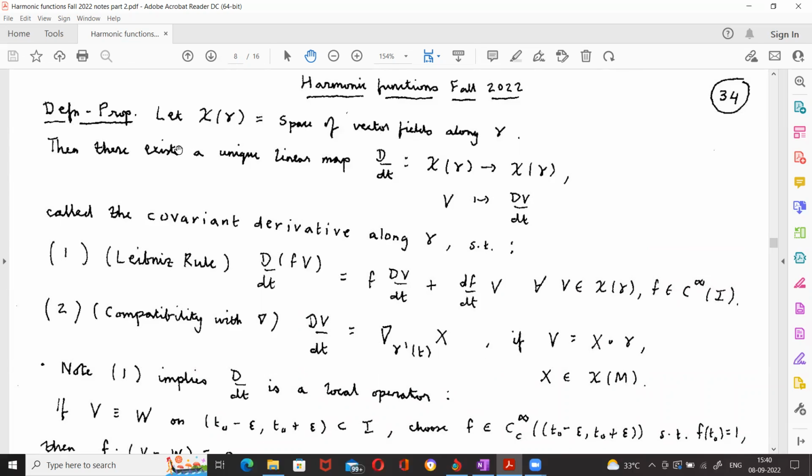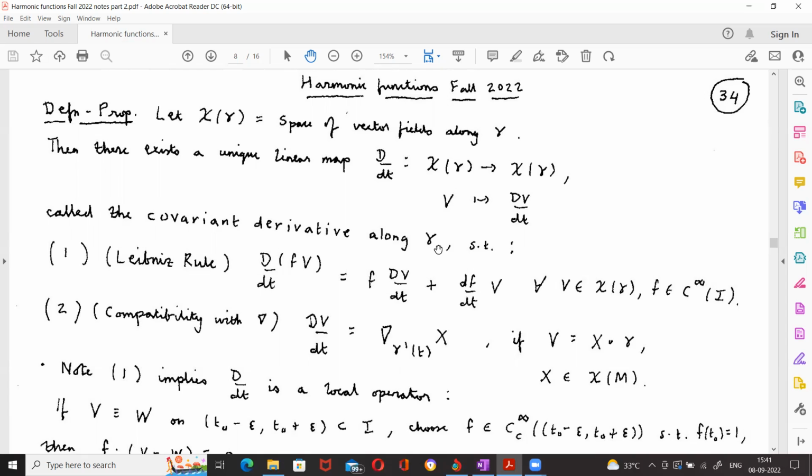Then there exists a unique linear map, and when I say linear, I just mean linear with respect to scalars, capital D sub dt from chi of gamma to chi of gamma, V goes to capital DV/dt, which is called the covariant derivative along gamma. So this is an operator which acts on vector fields along curves. It allows you to differentiate a vector field along a curve.